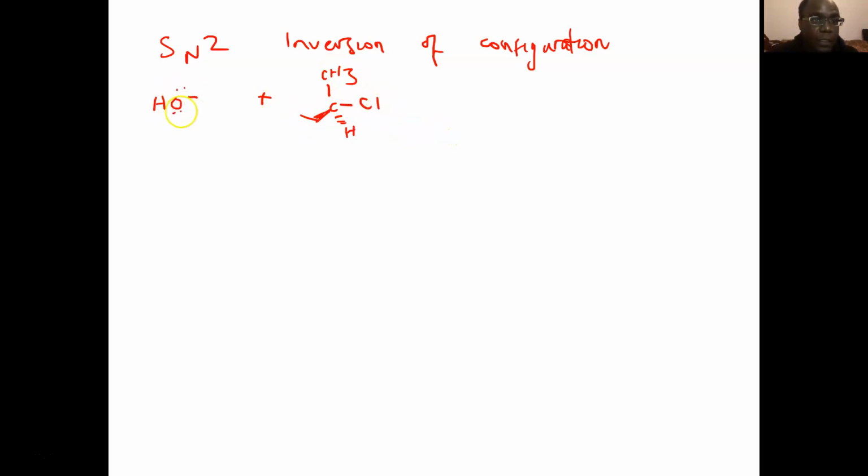So if you're attacking from behind, then you will expect that these groups will be flashed back, so they will face like this, keeping their stereochemistries. But this time the OH will be here. And of course, there's always a second bond for SN2, it's concerted, so Cl minus.